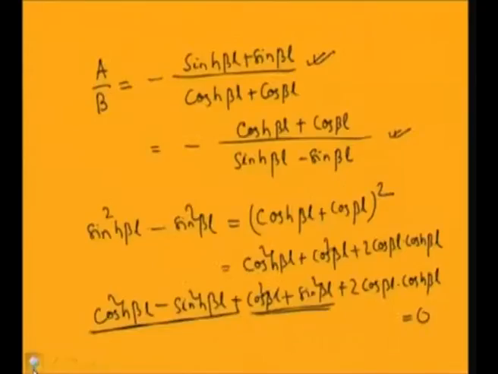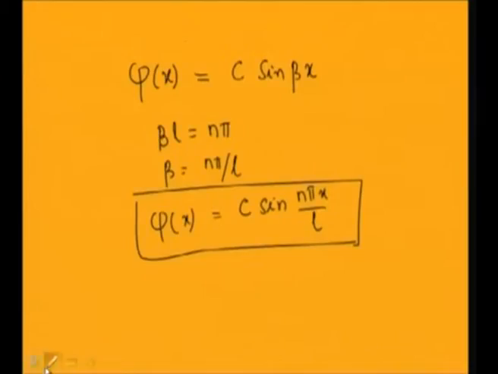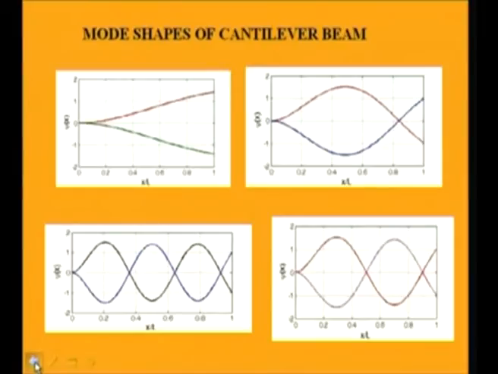So the mode shapes are plotted. So you can see the mode shapes. By plotting the mode shape you can see these are the mode shapes for 4 different modes. So in the first mode you can see the cantilever beam is vibrating either upward or downward.